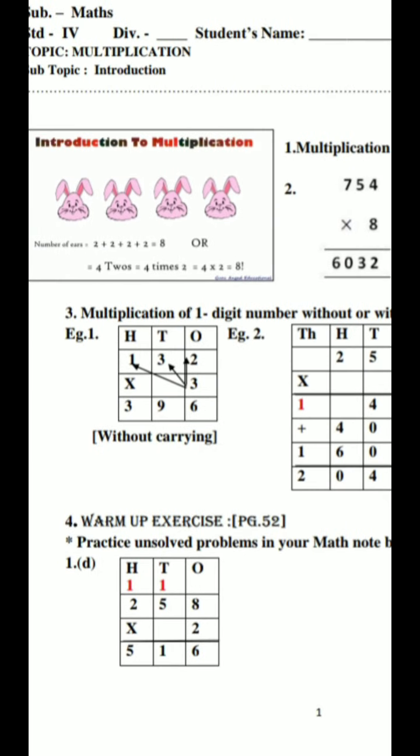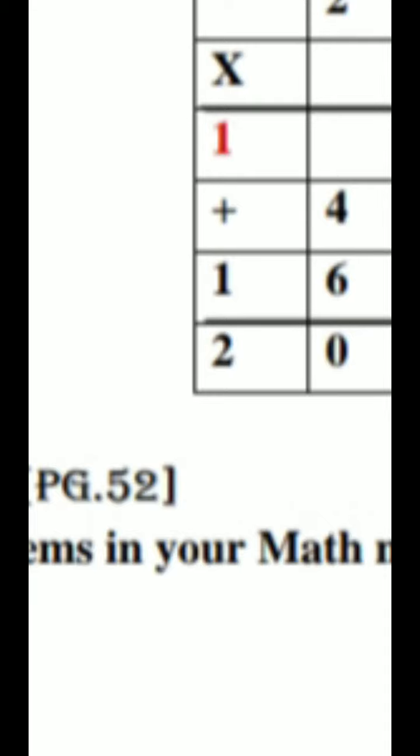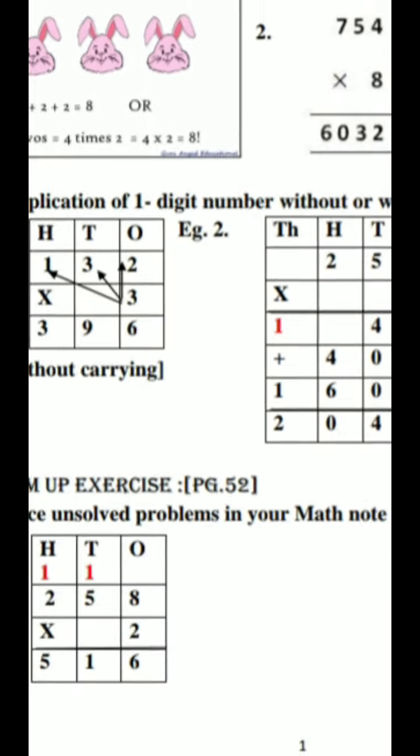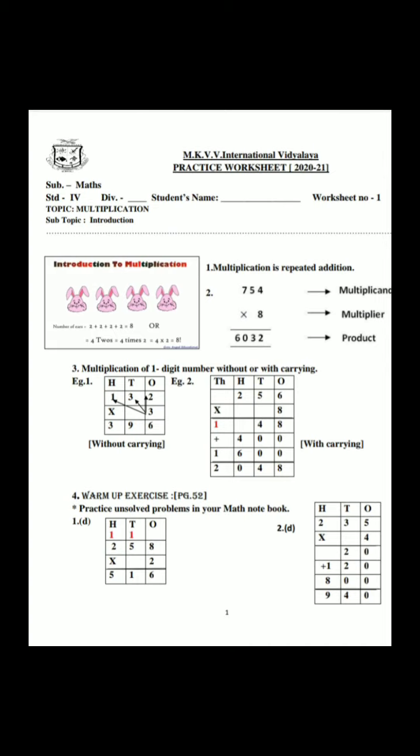Before we start with the different methods, there is a warm-up exercise on your page number 52 in your maths textbook. I have solved few sums here in this worksheet, so you can help yourself to solve this warm-up exercise.